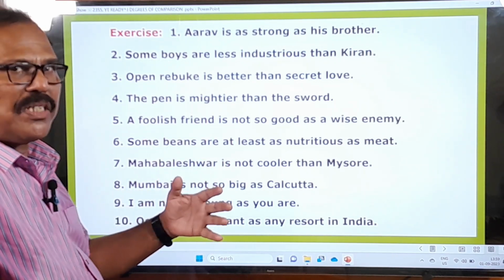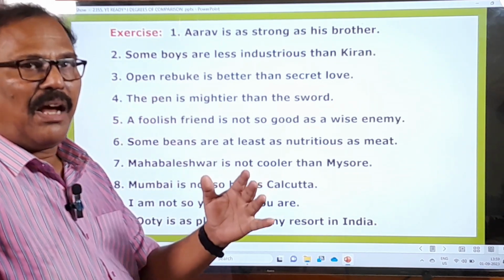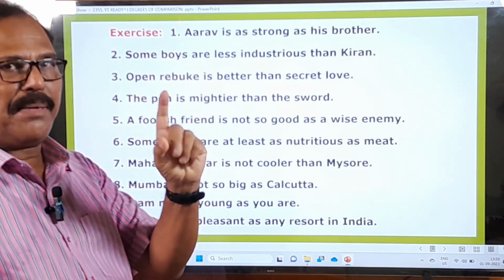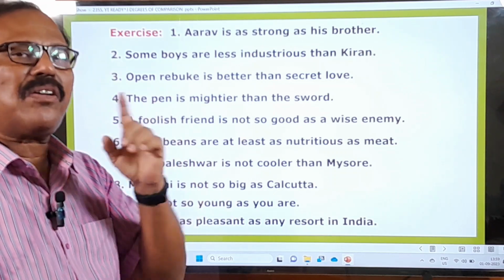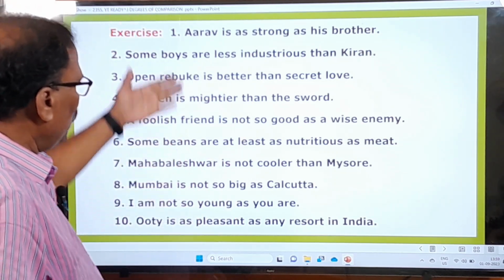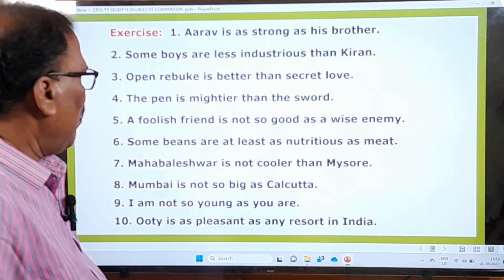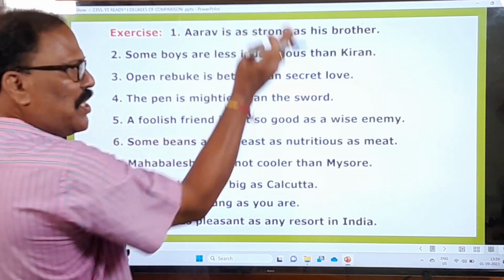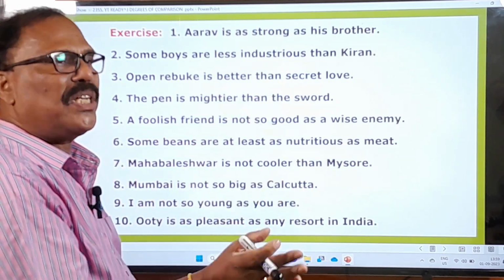That's why you watch method 1 again and again. Under method 1 there are 3 types: type A, type B, type C. Very, very important from all your competitive examinations point of view, right? And after that you do all these exercises. You solve all of them, and if the positive degree is given, you have to change it to comparative. If the comparative is given, change it to positive, like that.